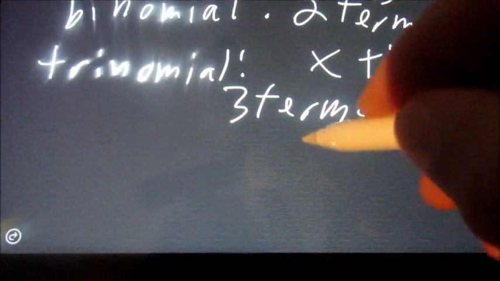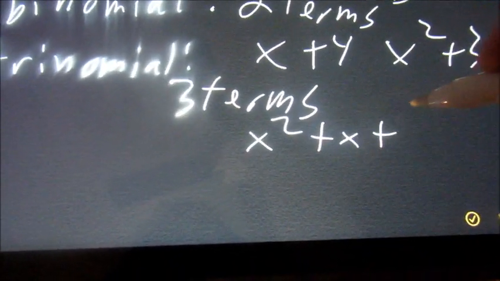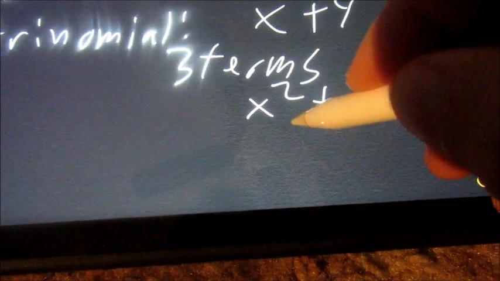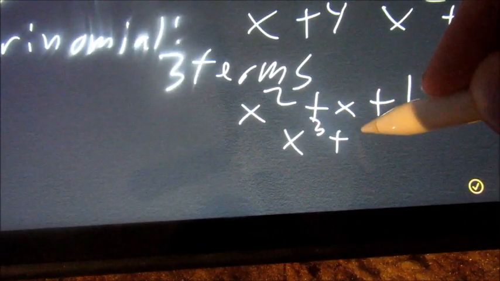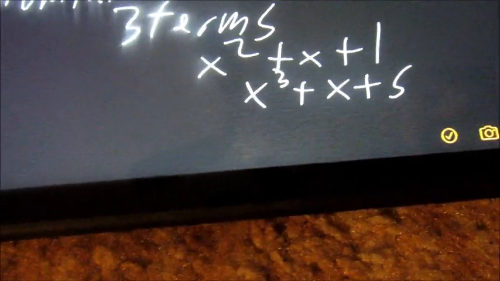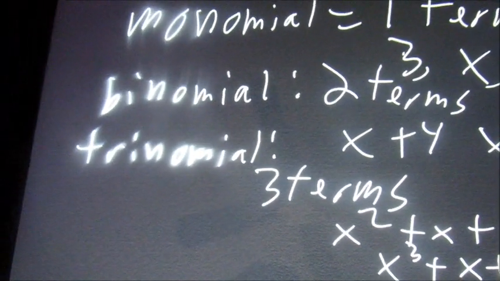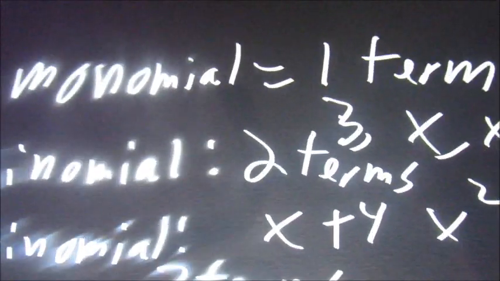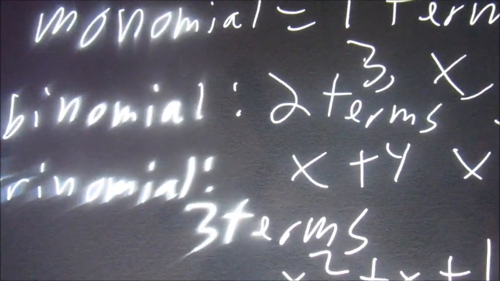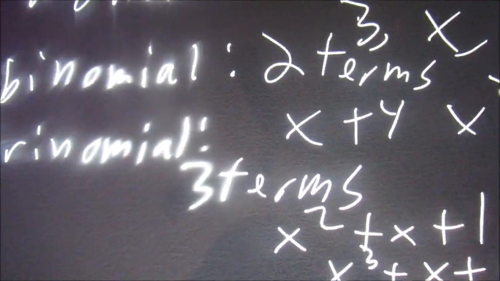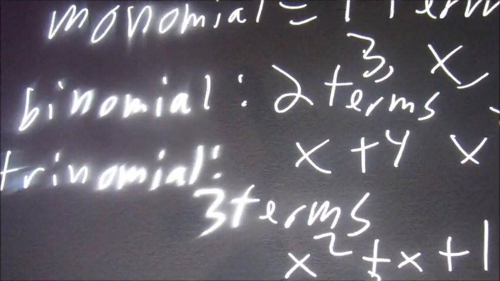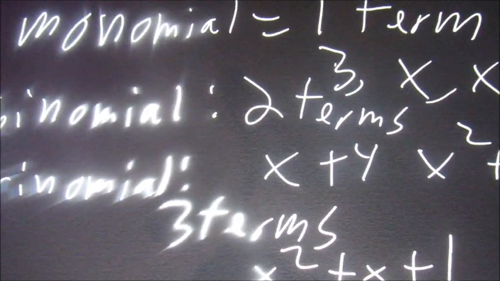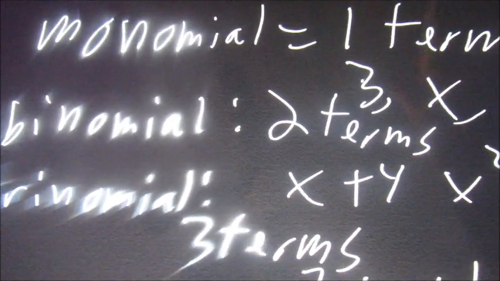So these will be more like x squared plus x plus 1, x cubed plus x plus 5. Anytime there are three terms, it's a trinomial. If it has more than that, then it's just going to be some other polynomial. We don't need to worry about the names for those. Just monomial, one term. Binomial, two terms. Trinomial, three terms. Remember, you can't have negative exponents or x's in the denominator. If you do, then it's not a polynomial.